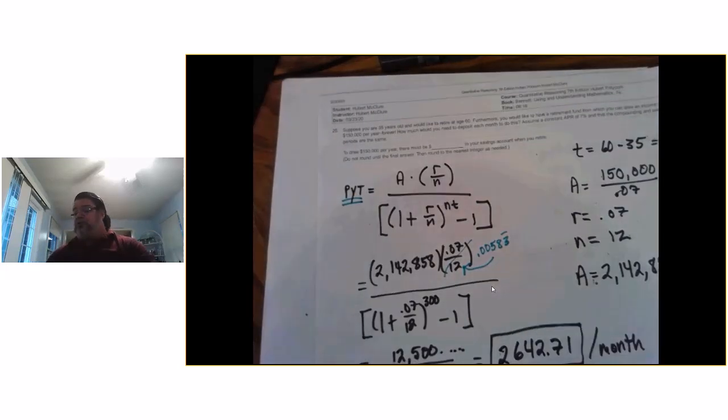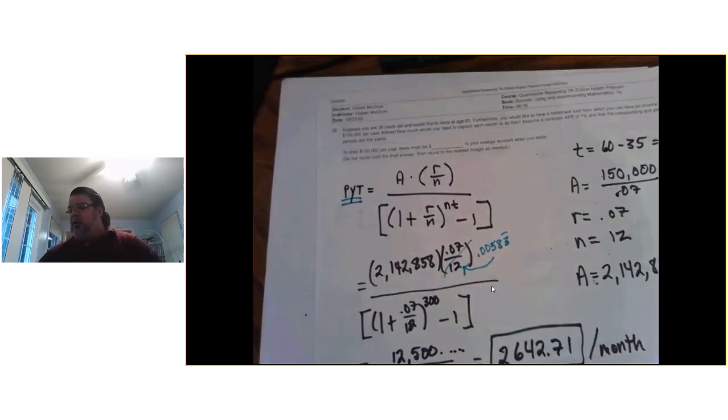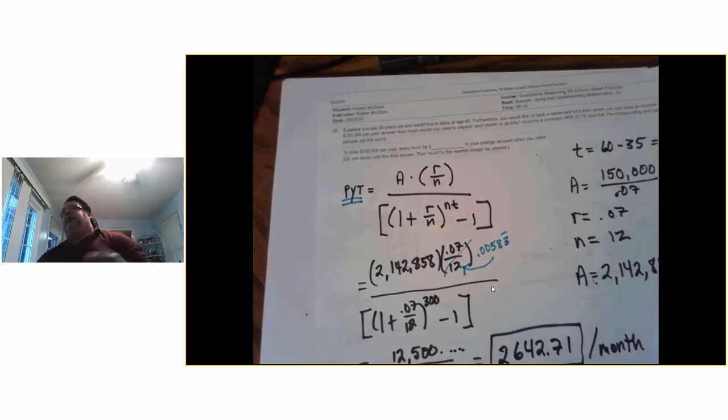Those are the two questions that I will test you on in 4C, along with 4B: simple interest, compound interest, and continuous interest. Okay? Who's got questions?